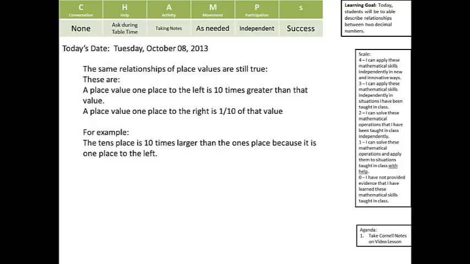So let's look at an example. The tens place is 10 times larger than the ones place because it's one place to the left. The tens place is 1/10 of the hundreds place because it's one place to the right.